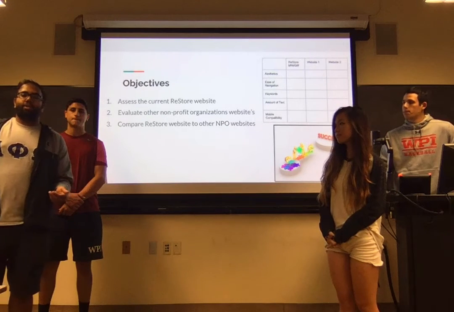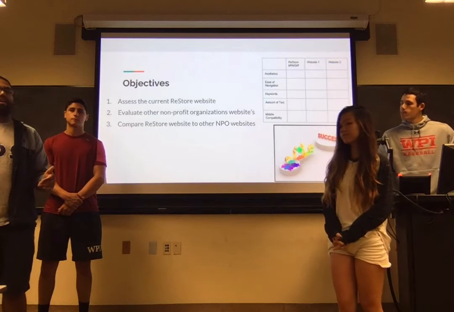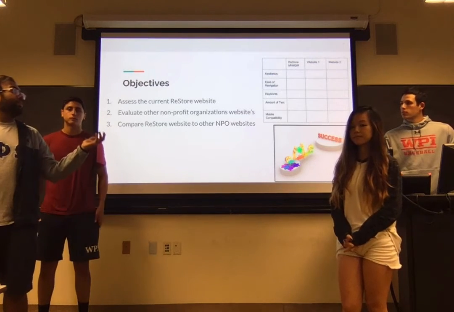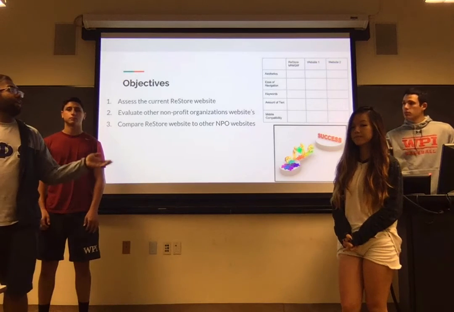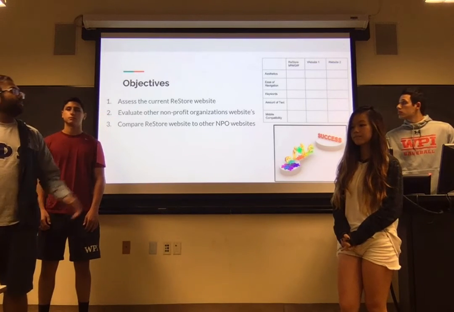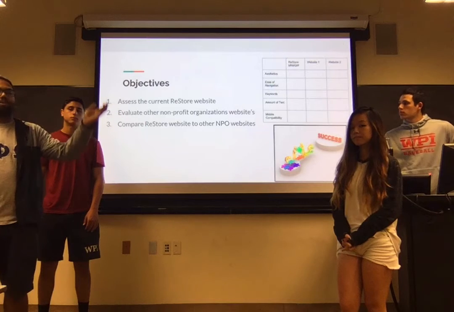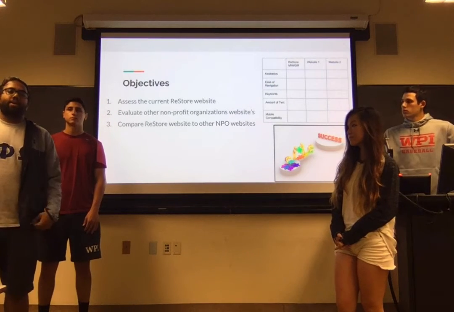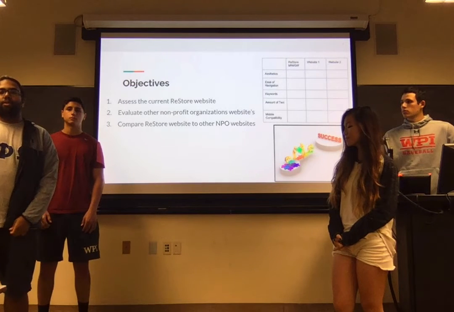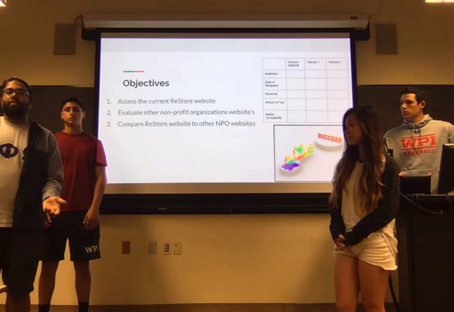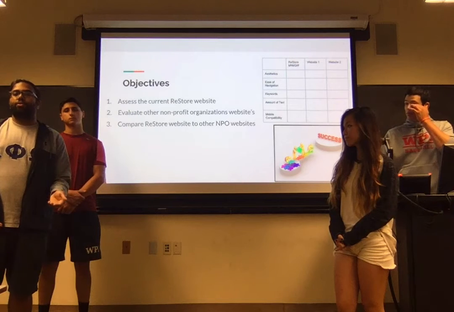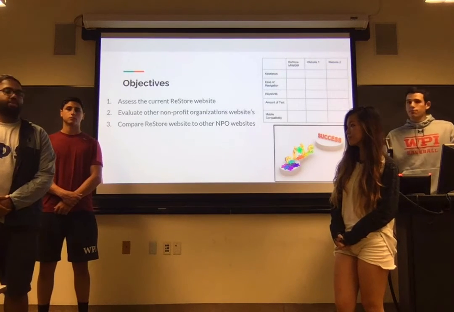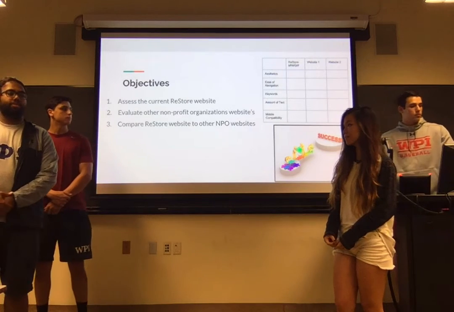We're going to compile all this information and look at different criteria, such as the rubric we made, and compare them side by side, as seen where it says Restore website, website one, website two. We'll analyze them, and we'll come up with a plan and a solution for the new website. And now Steve will talk about the rest of the objectives.